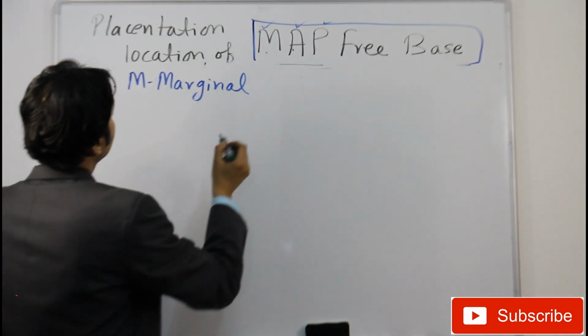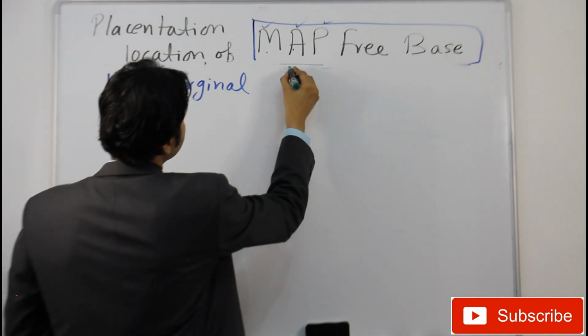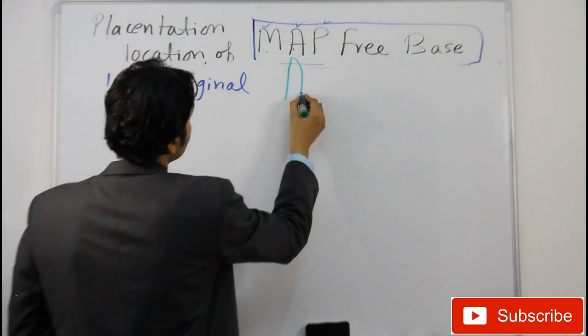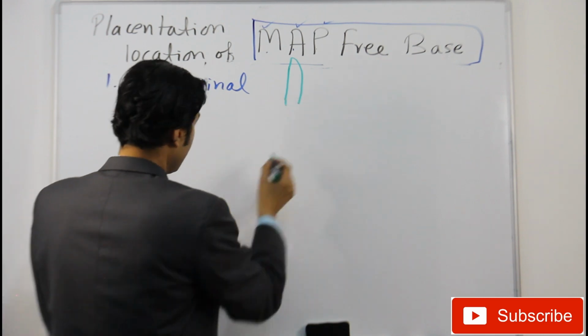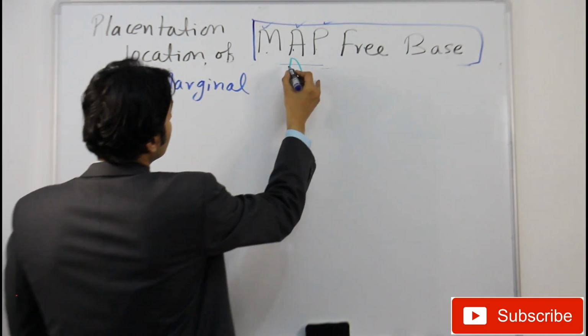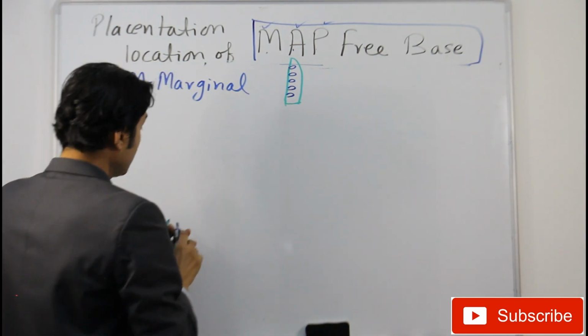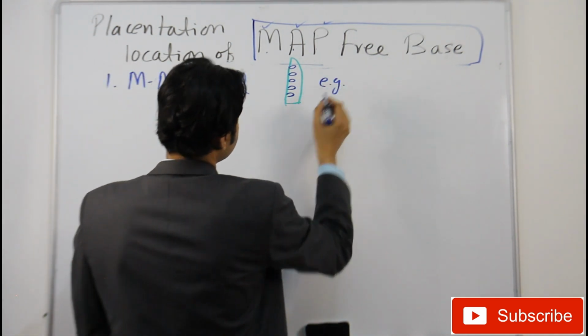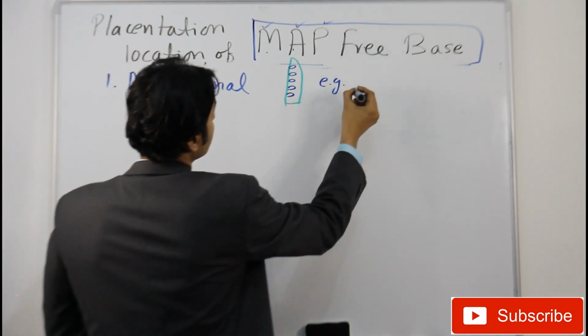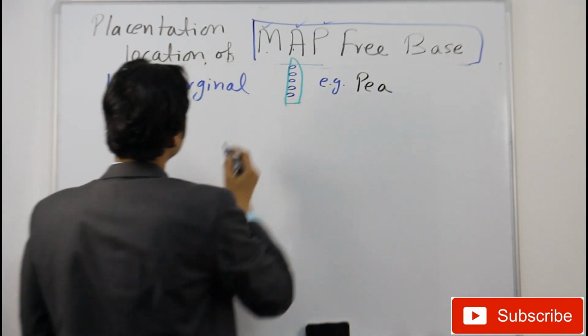Marginal here means this is the structure of the pod, and these are the ovules attached. Example, pea, this is marginal.